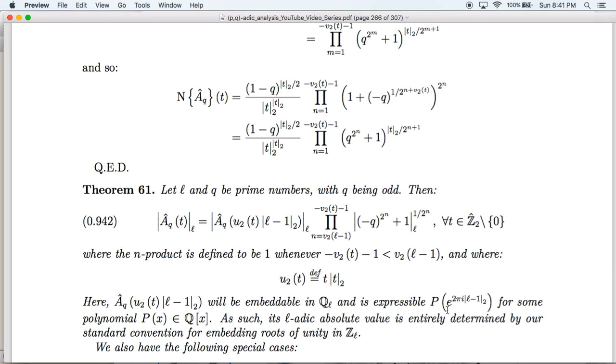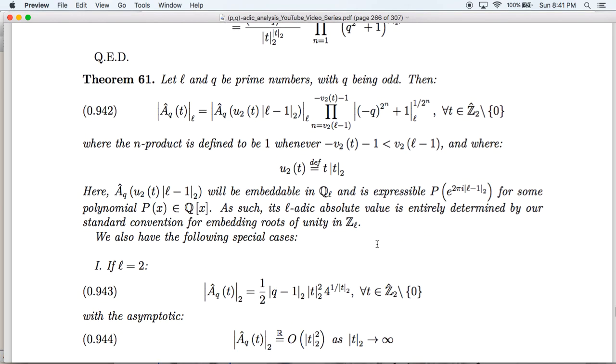And so because of this, we're going to use our standard embedding, our standard convention, to make sense of what this absolute value is. And so to compute this L-adic absolute value, we have to use our embedding. This term, on the other hand, comes from the parts of aq hat of t which are algebraic over QL, and so we use the norm formula to get them.